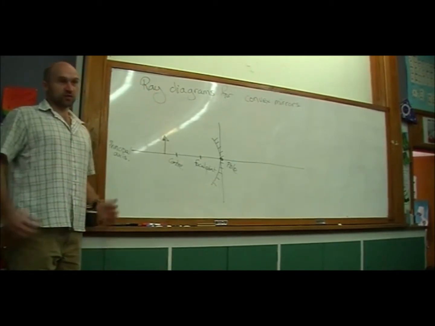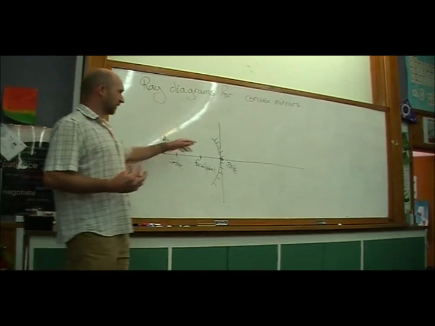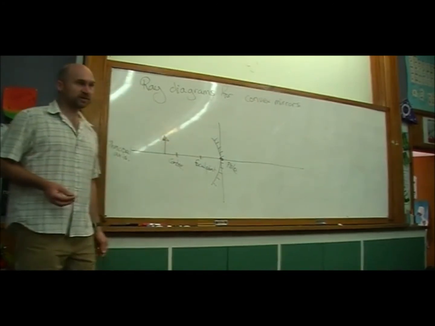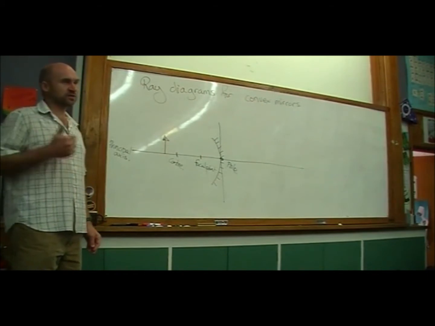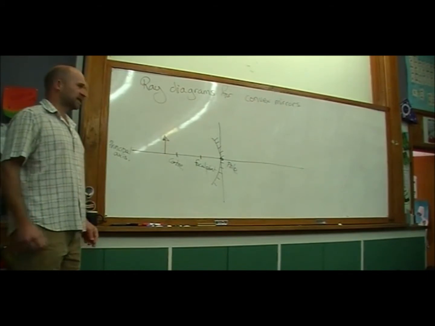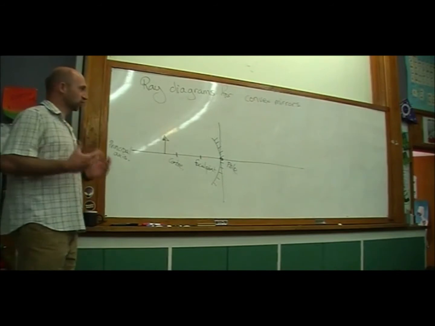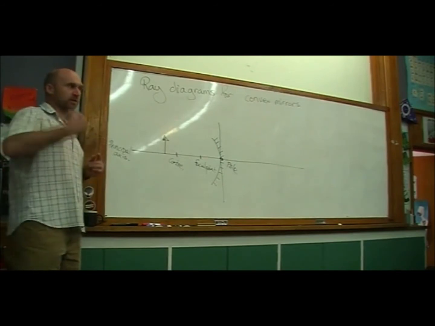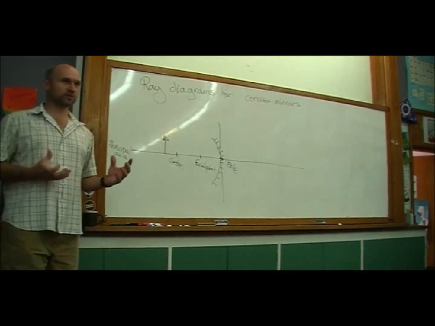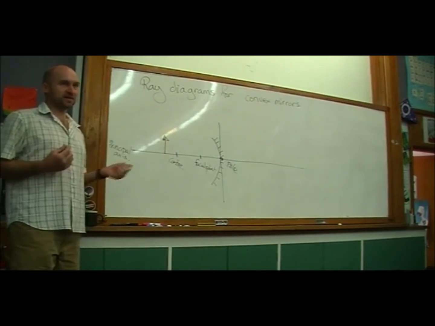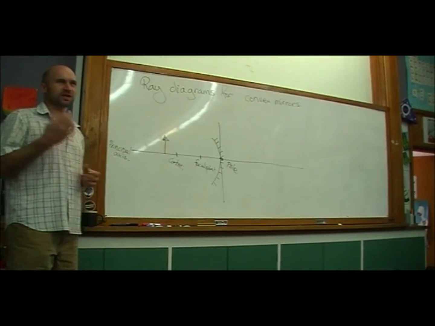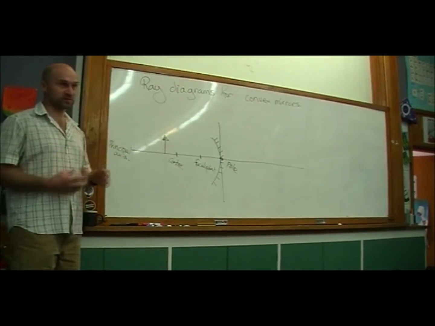There are three rules for light reflecting off the convex mirror. The light goes in, hits the mirror, and the angle of incidence equals the angle of reflection. But that can get quite complicated to draw, so we've come up with a simplified set of rules that, if we follow them, we can draw rays without having to measure any angles, which is really useful.